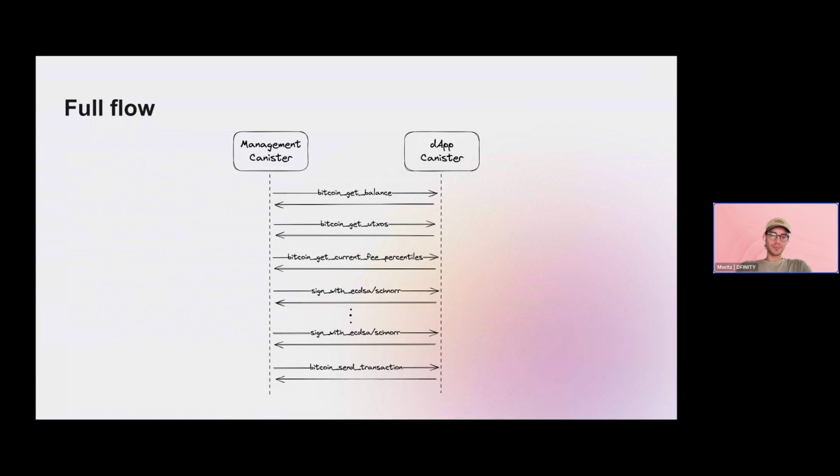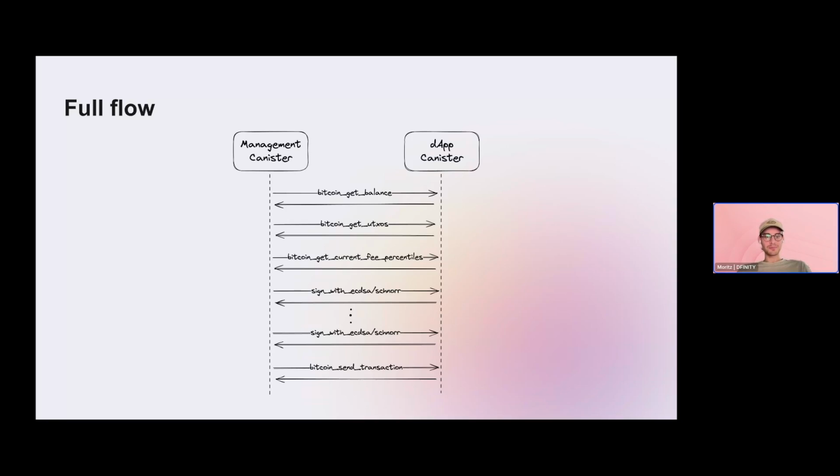The first step that we have to follow is that we query the Bitcoin canister for the balance of our own address. And this is where the Bitcoin get balance method comes into play. Now we know, oh yeah, I have, I don't know, 1 Bitcoin in that address. That's enough to, for example, pay for the transaction fee and to send the amount that I wanted to send.